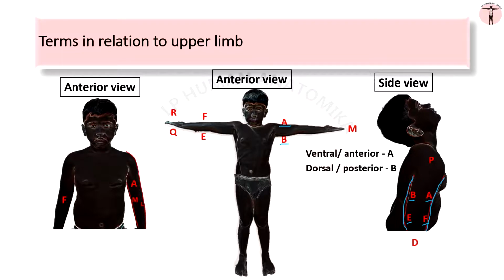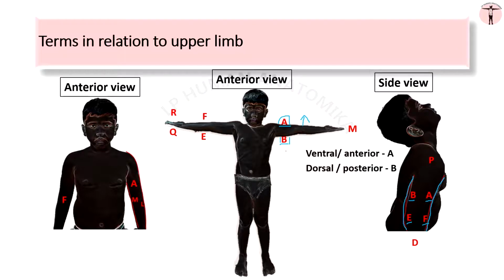But still, since we consider the relations in the anatomical position of the body, even if the upper limb is abducted from the body and the anterior portion of the upper limb is directed superiorly, we still consider A as anterior and B as posterior.